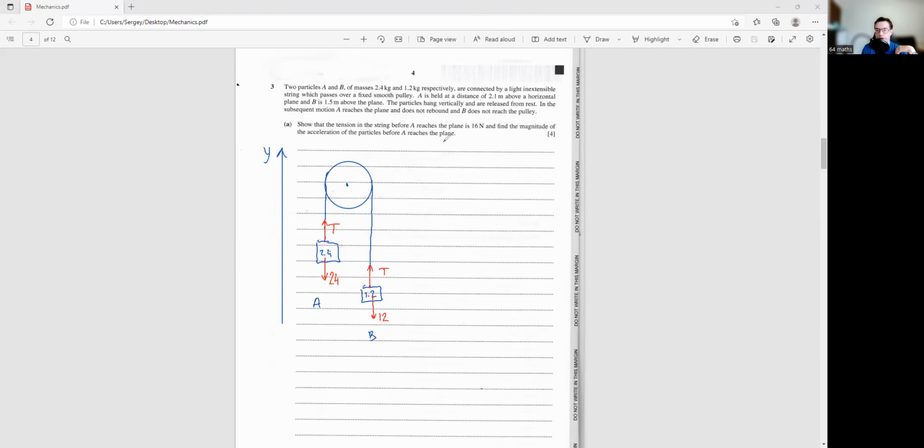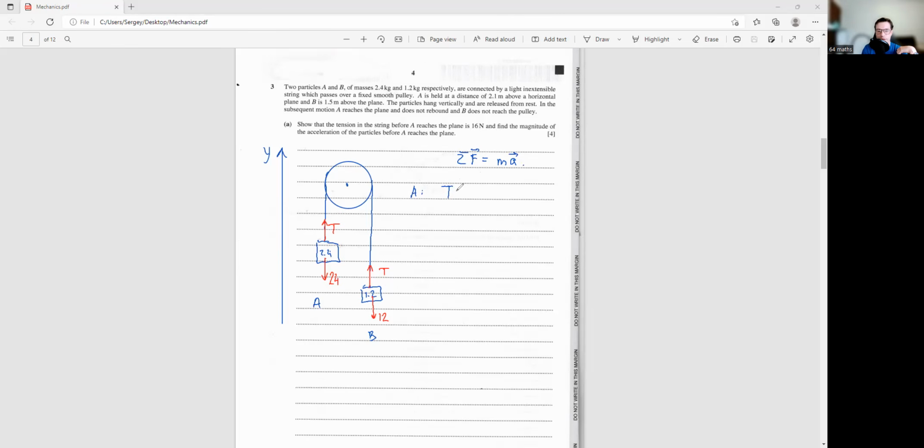Now let's use Newton's second law, which is the sum of all these forces equals mass times acceleration. And we'll have to do it separately for the particle A and for the particle B. Let's start with the particle A. Now I've got the force of tension, which is acting up, and it has the same direction as the y-axis, so I'll take it with the plus sign.